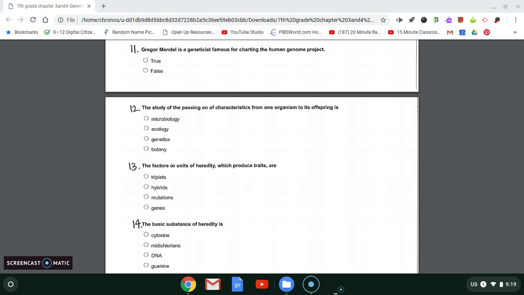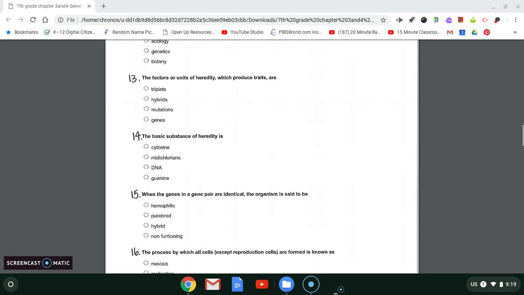Number 13. The factors or units of heredity which produce traits are triplets, hybrids, mutations, or genes? Number 14.